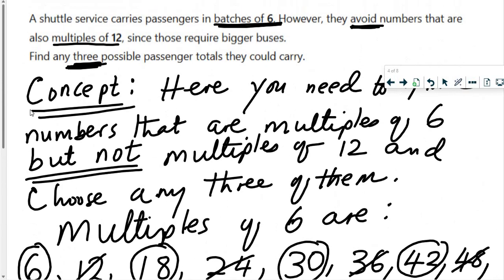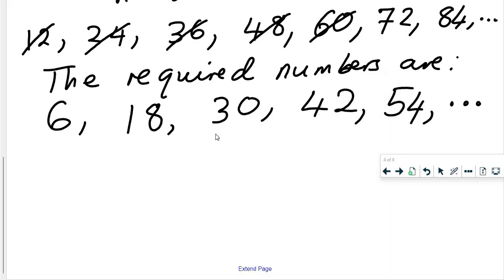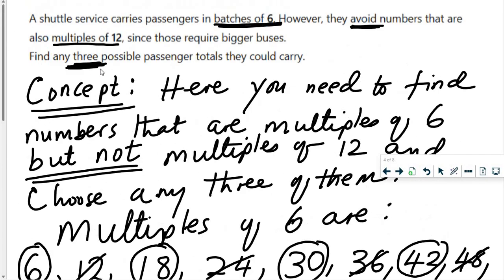But what do they need? Find any 3. Okay. Choose any 3. And we prefer the first 3. So any 3 numbers are, I can pick 6, 18, 30, or you can pick 18, 30, 42, or you can pick 30, 42, 54, because there is no condition that says find the first 3 possible passengers.